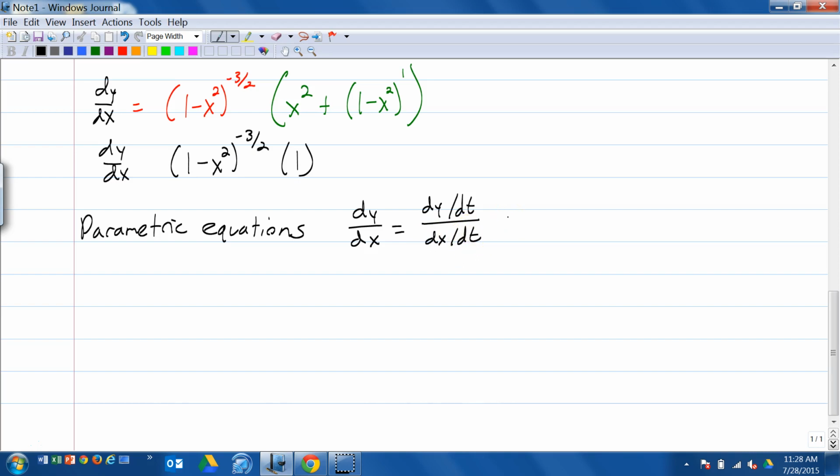So basically, when you have two equations, you need to take the derivative of both of them with respect to t and then divide them, y on top. So let's do a quick example.